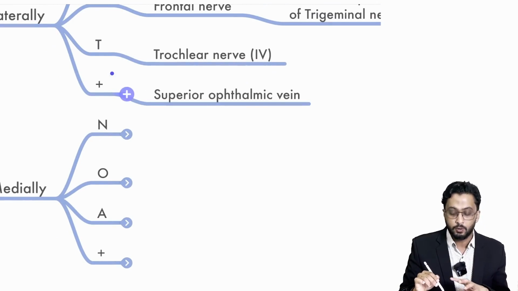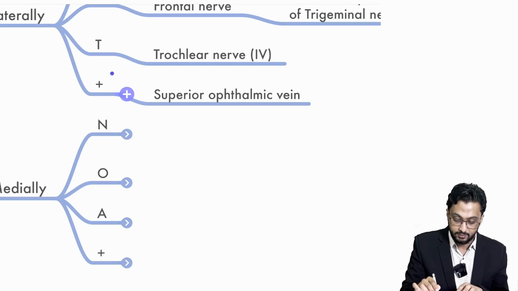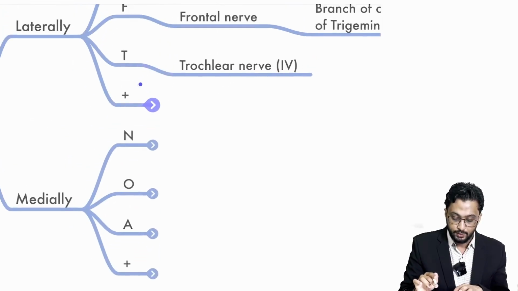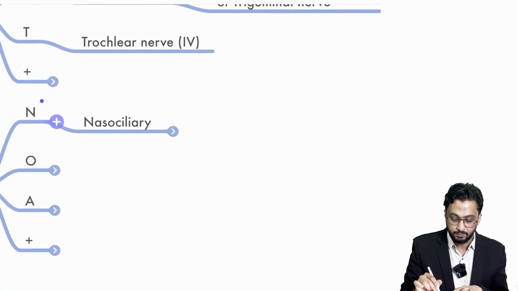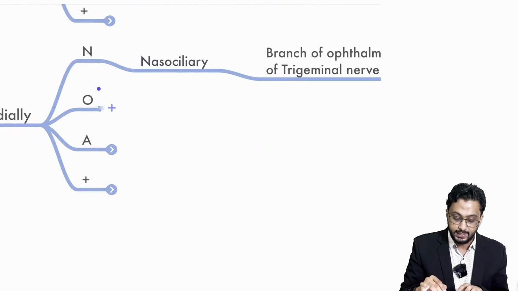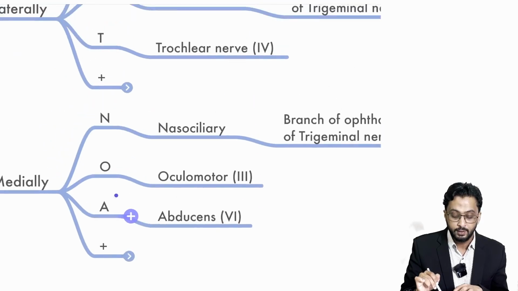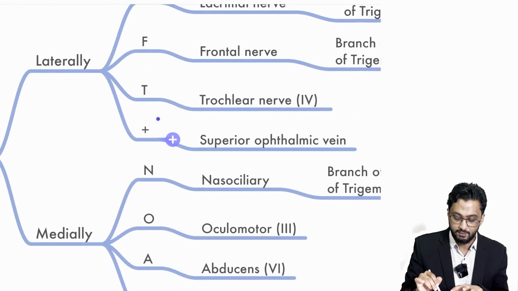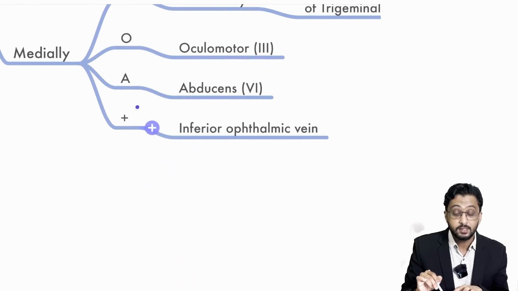Then the superior ophthalmic vein is there, or I'll show you this last. Nasociliary is another branch of the ophthalmic division. So all three branches: lacrimal, frontal, nasociliary. Then you have got O for oculomotor, third nerve, A for abducens. Then 2 plus: one laterally, which is the superior ophthalmic vein, and one medially, which is the inferior ophthalmic vein.